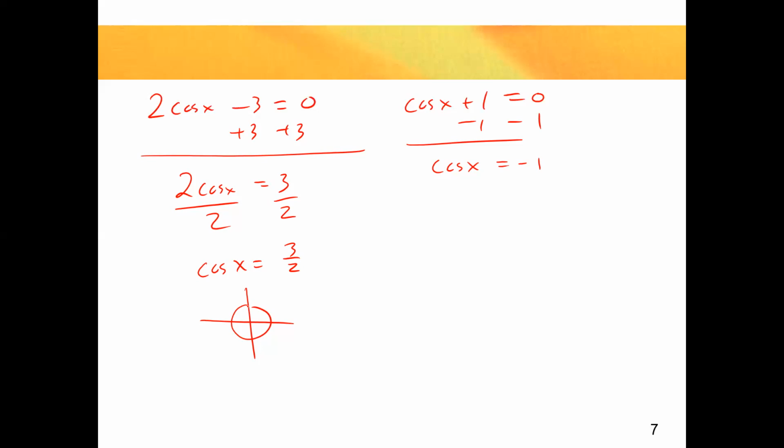Cosine has to be between -1 and +1. There's never a time it's otherwise. Therefore, this one has no solution, the solution set is empty. On the other side, cosine x equals -1.